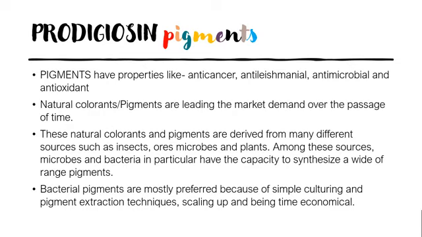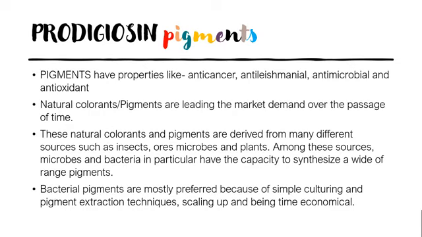Prodigiosin as a pigment. The pigment we are going to study is prodigiosin, and in general pigments are known to have properties like anti-cancer, anti-leishmania, antimicrobial, antioxidant. These natural pigments are leading the market demand over the passage of time. These natural colorants and pigments are derived from many different sources such as insects, microbes and plants.